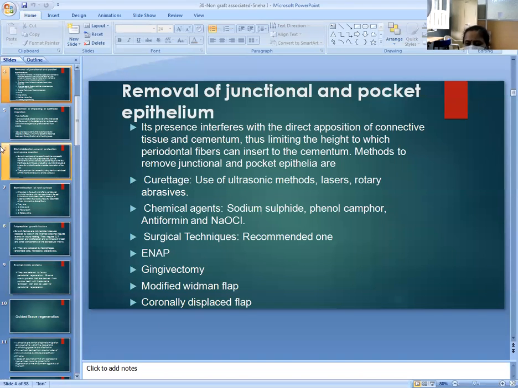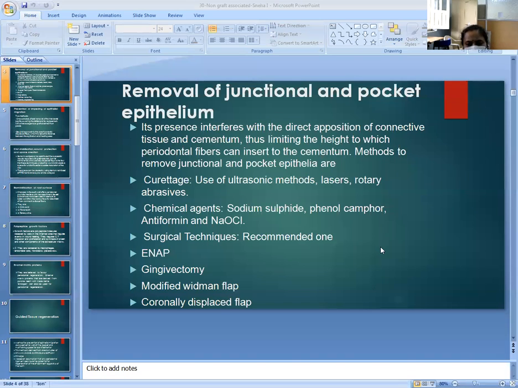So the area of healing, the defect area, is occupied or populated by gingival epithelial cells, and they don't give space for connective tissue cells, periodontal ligament cells, or bone cells.